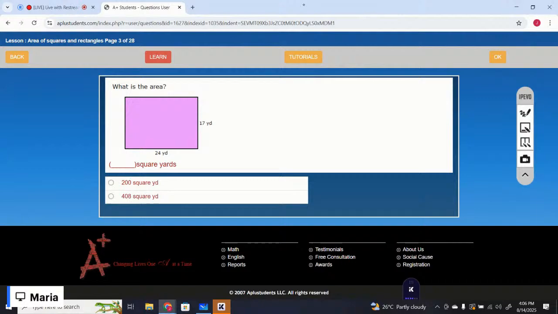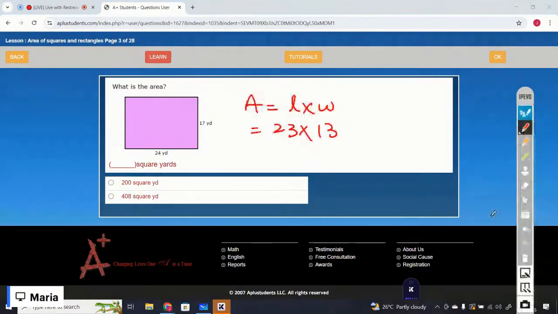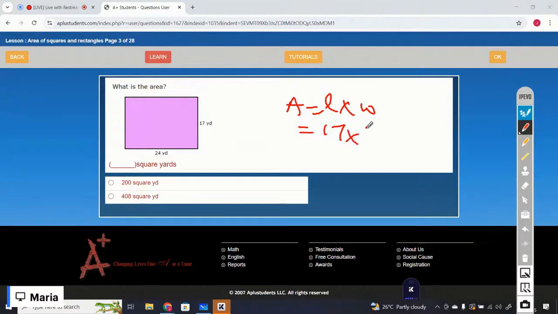What is the area? That is length times width because that's a rectangle. So we have to calculate the area. So the area is length times width, 17 times 24.